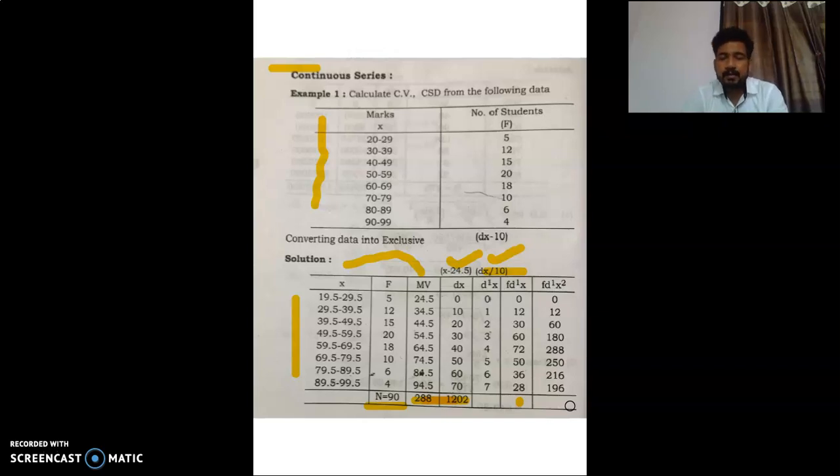I covered all the methods by 3 series: individual series, discrete series and continuous series. I tried to give you the proper outlook of these types of problems.